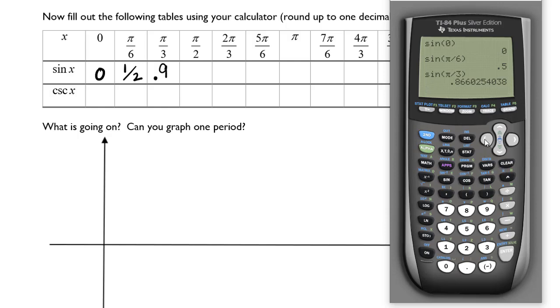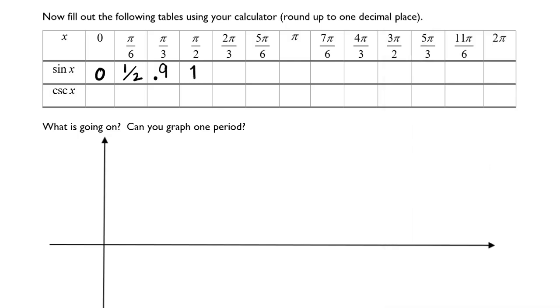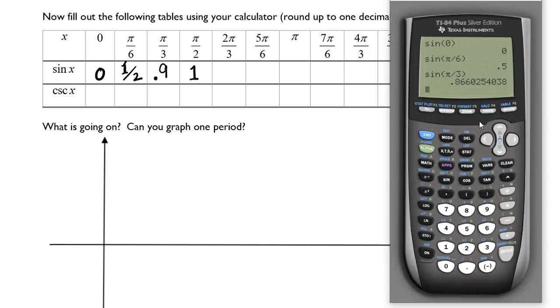Sine of pi over 2, well, I just know that one's 1 without even putting it in the calculator. Hopefully you're getting to that point. You might not be there yet, but keep working on it.